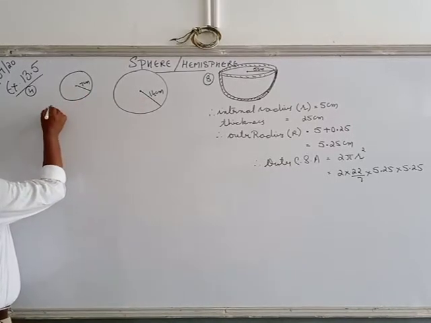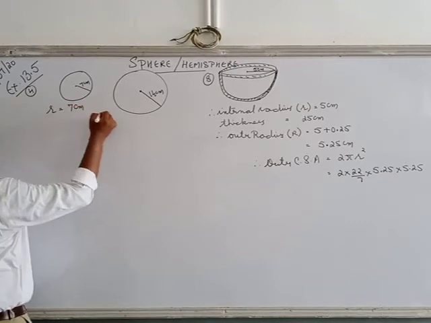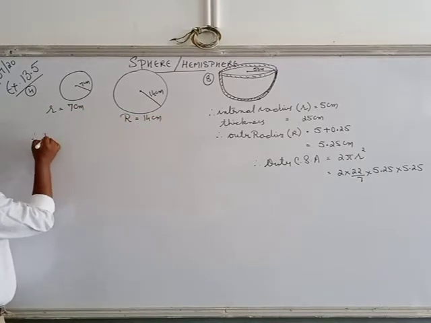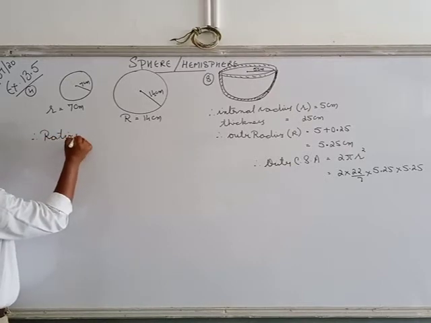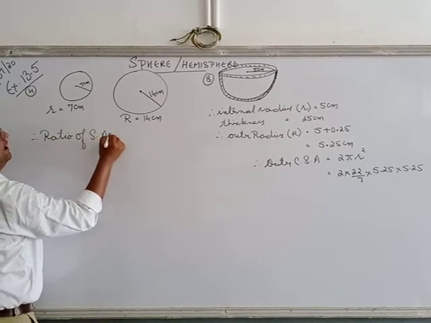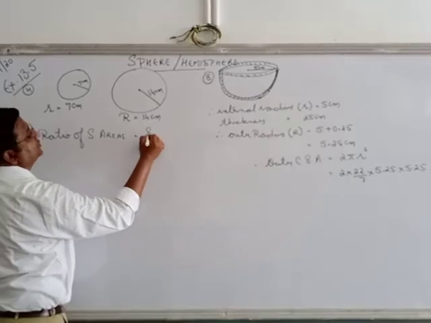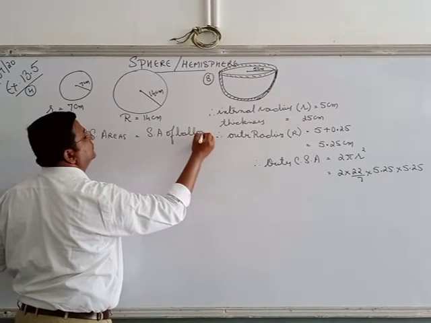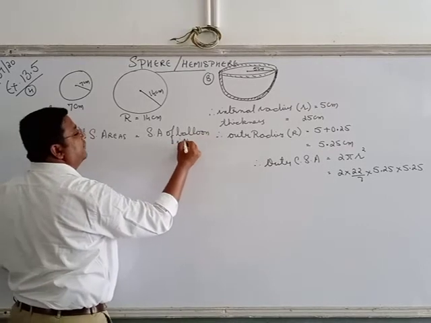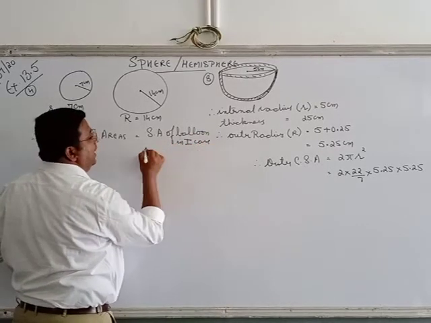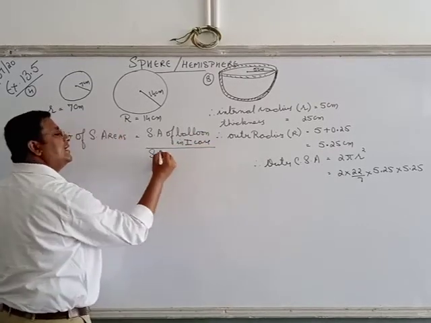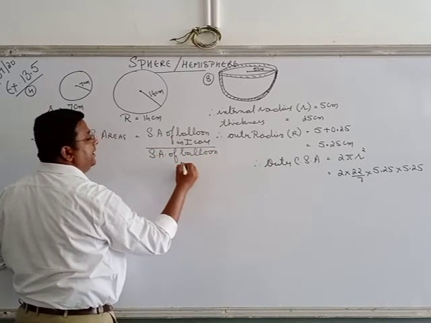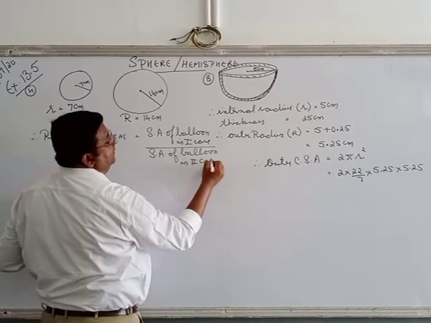So we can see the radius here is 7 centimeter, but the radius here increases to 14 centimeter. Therefore, the ratio of surface areas is equal to the surface area of the balloon in the first case upon the surface area of the balloon in the second case.